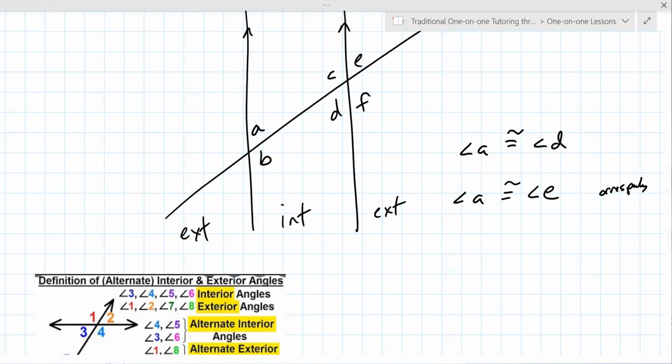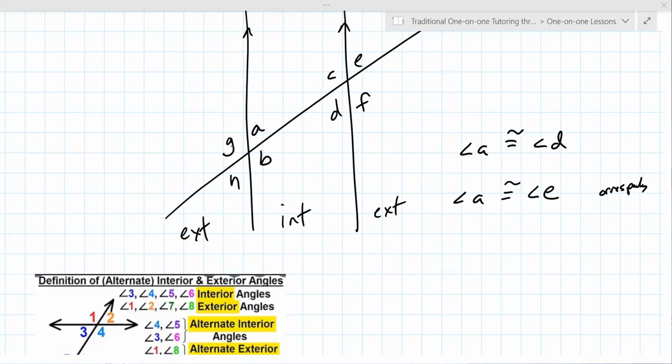They're corresponding, but they're also not corresponding. A corresponds to, I'll put E. Angle A is congruent to angle E. It's corresponding. Or saying congruent wouldn't work either, right? They have the same angle, but they're also not on the inside, they're on the outside.